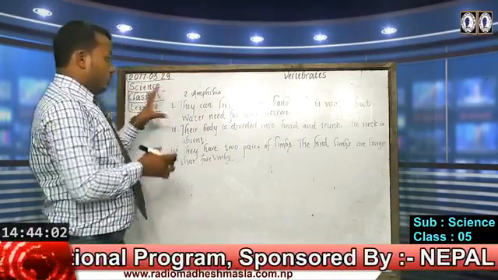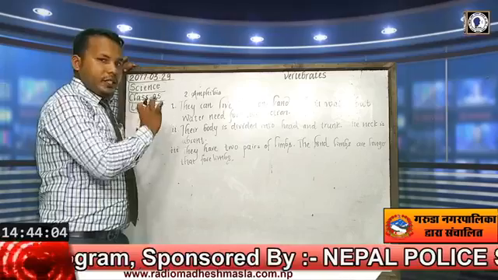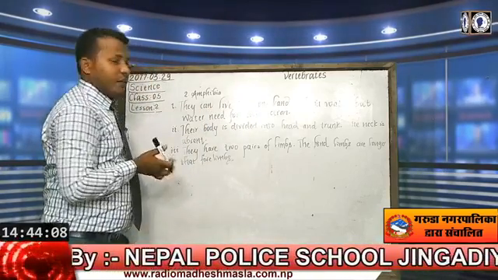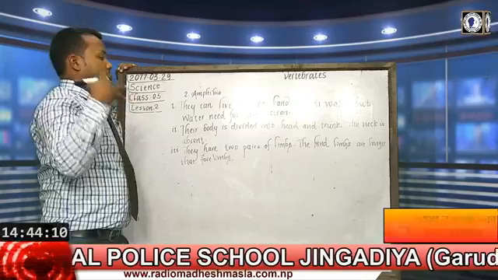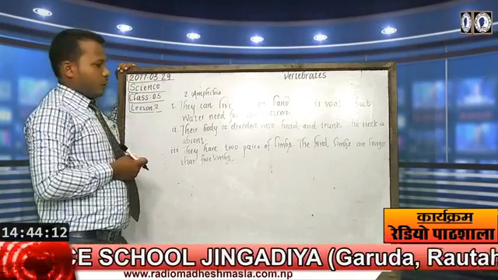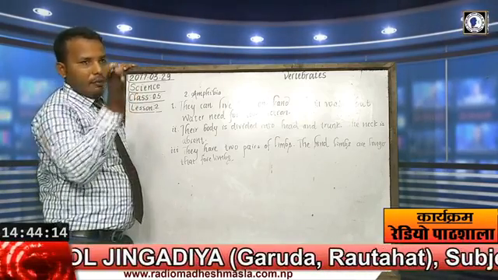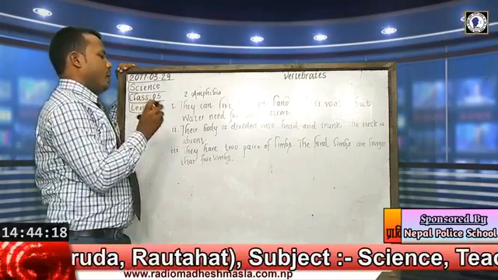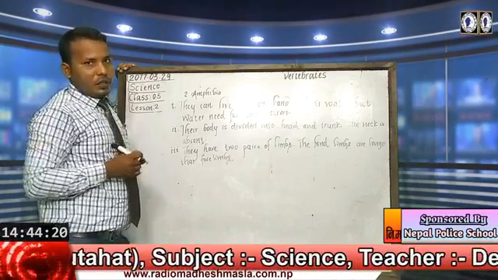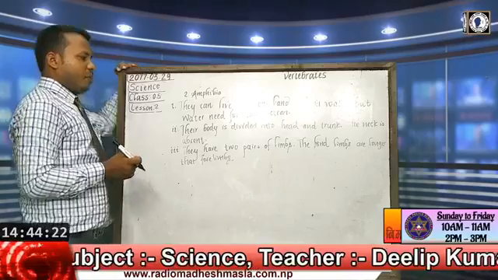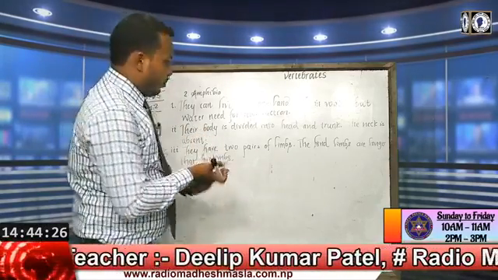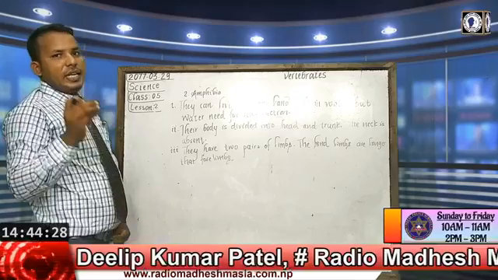So what are the characteristics of amphibia? They can live both on land and in water, but they need water for reproduction. Number 2, their body is divided into head and trunk, but the neck is absent.